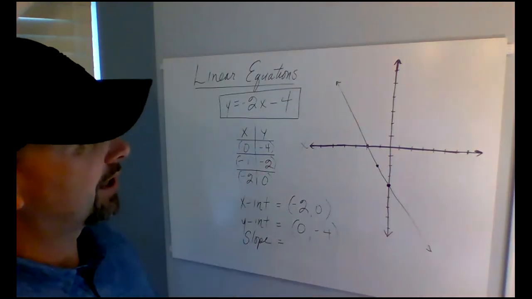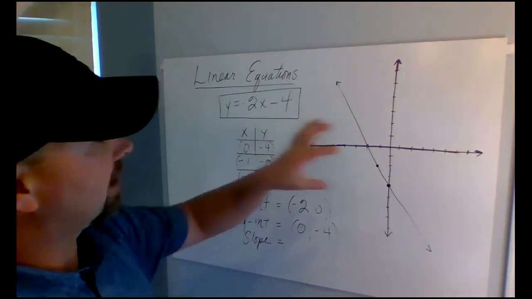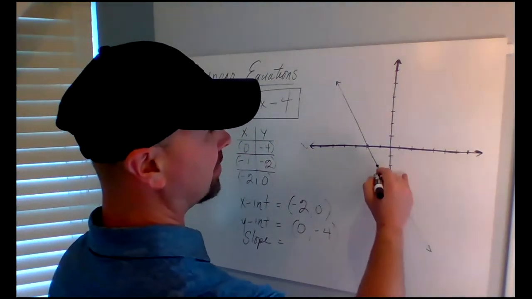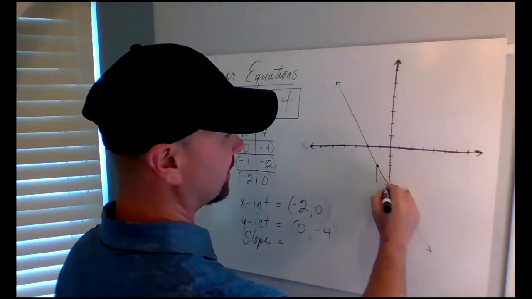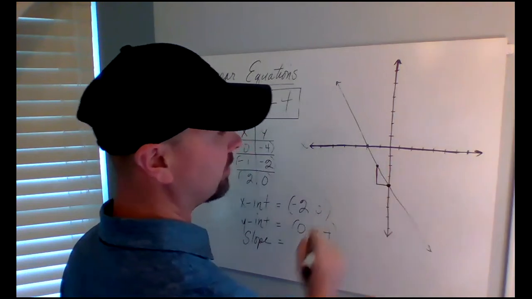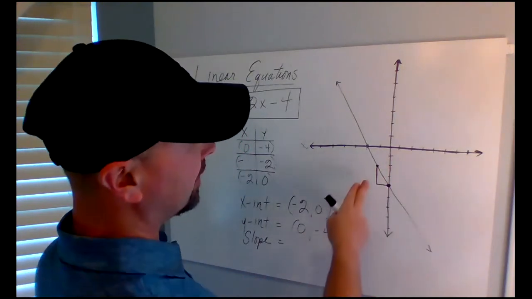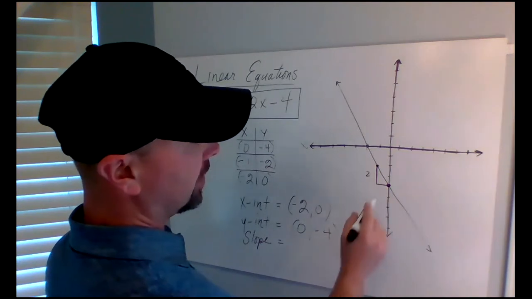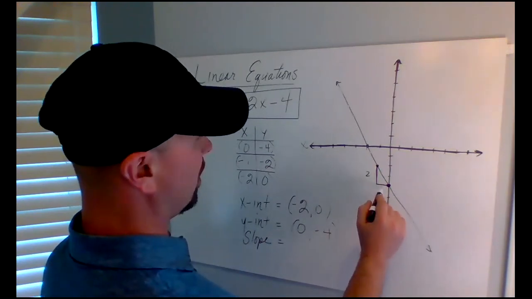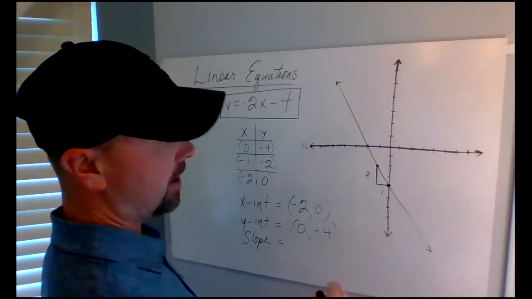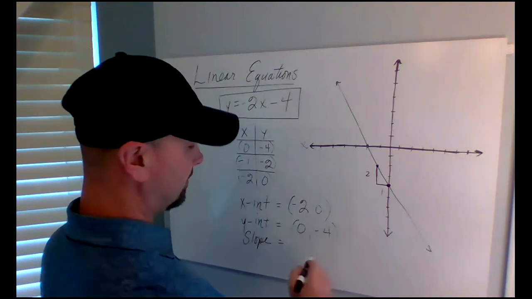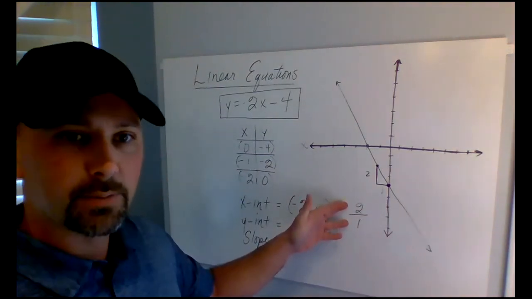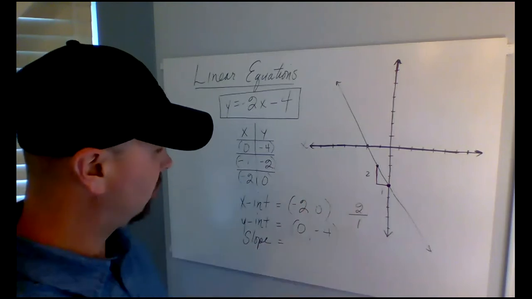Finally, our slope. We can use either the table or the line. We need to make our slope triangles, which is up or down and then over from point to point. What we can see is the rise is 2 and the run is 1. So rise 2, run 1. Simplified, 2 divided by 1 is 2.